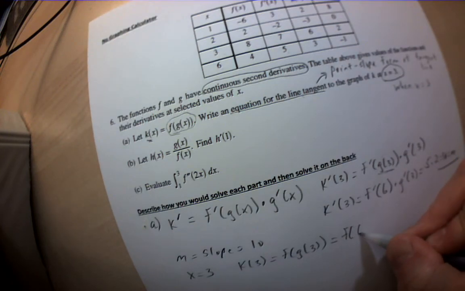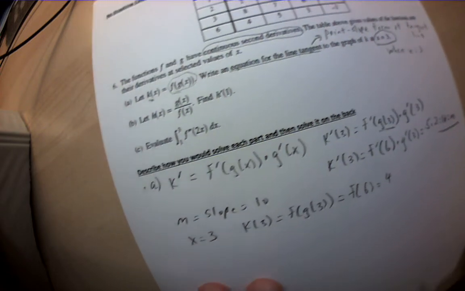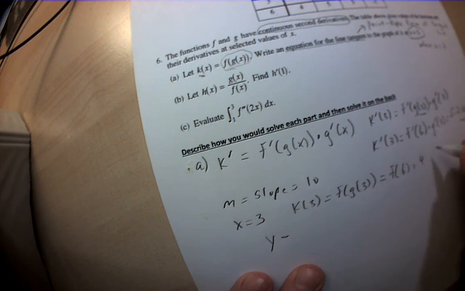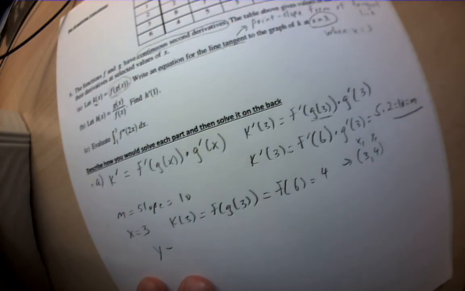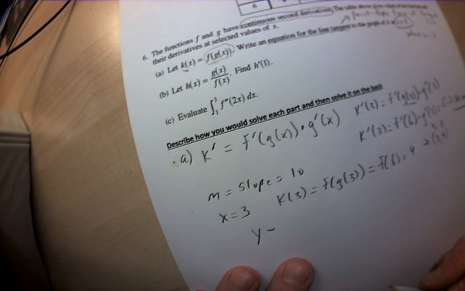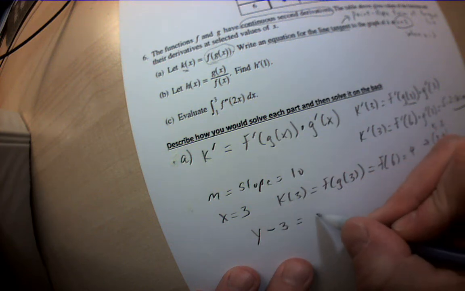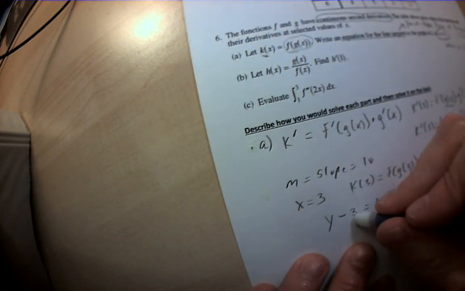So I get f of 6. When x is 6, f is 4. So guys, this is my equation. Y minus, so the point, guys, the point is 3 comma 4. That's x1, y1. Okay? x1, y1 is 3 comma 4. So y minus 3 equals the slope times, sorry, it's y minus 4.